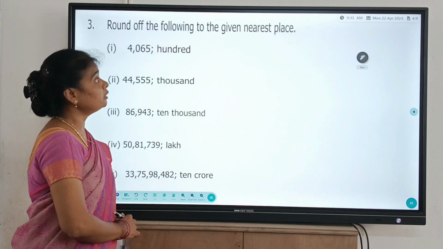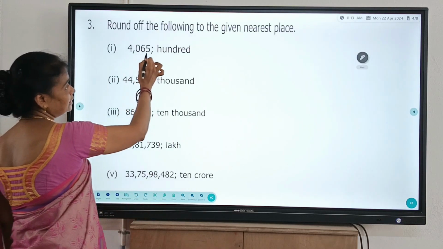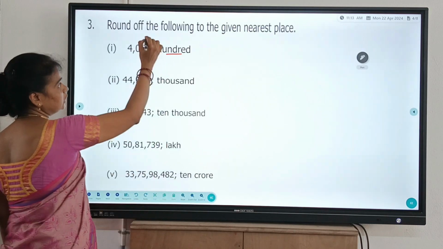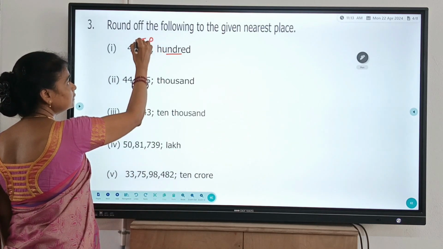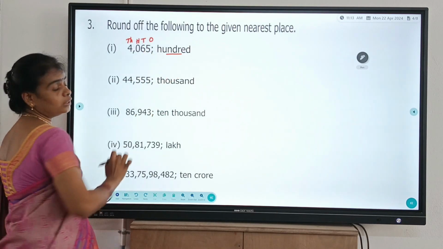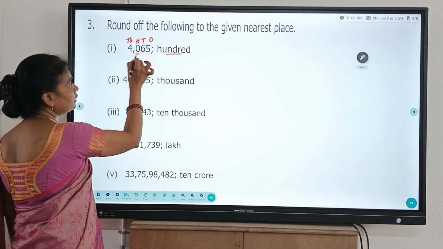Round off the following to the given nearest place. First one, 4065. You must round it off to the nearest 100. So in the same way, first step, write the place values, ones, tens, hundreds, thousands. So you are going to round this number to the nearest 100. So identify what digit is there in place of 100.